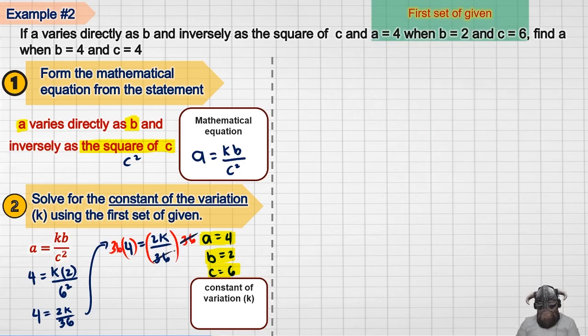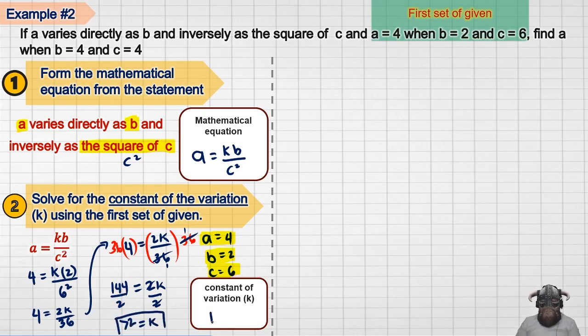So, 36 divided by 36 will just be equal to 1. So, we'll be having 2K is equal to 36 times 4. So, 36 times 4 is equal to 144. Yan. In that case, ang gagawin na lang natin dito is to divide both sides by 2 to get the value of K. So, K will be equal to 144 divided by 2, which is 72.